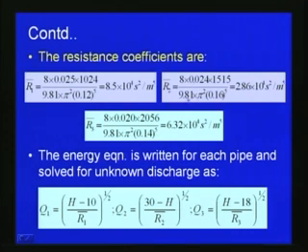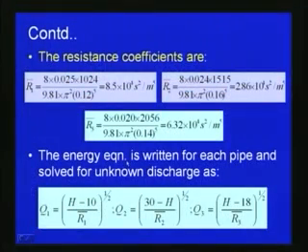Similarly, we can find the resistance coefficient for pipe 2: R2 bar is equal to 2.86 into 10 to the power 4, and R3 bar will be 6.32 into 10 to the power 4. Now we have found R1 bar, R2 bar, R3 bar, the resistance coefficients, and now we can write the energy equation for each pipe and solve for the unknown discharge.